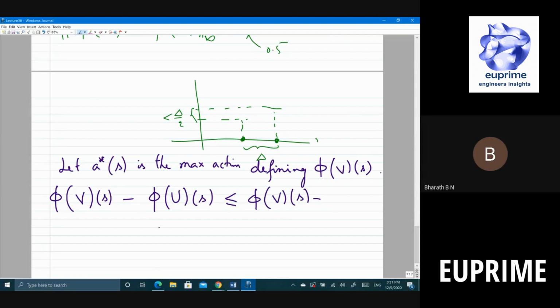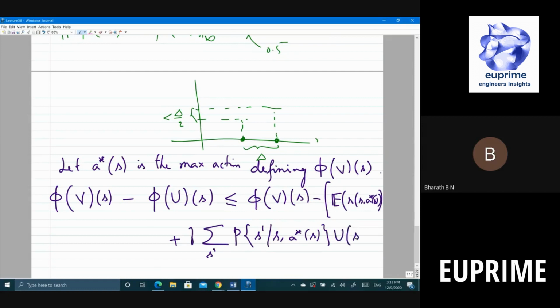Minus expected value of R of s comma a star of s, plus gamma times the summation over all s dash of probability of s dash given s comma a star of s, times, this is phi of u, so you'll have u of s dash. Is this okay?